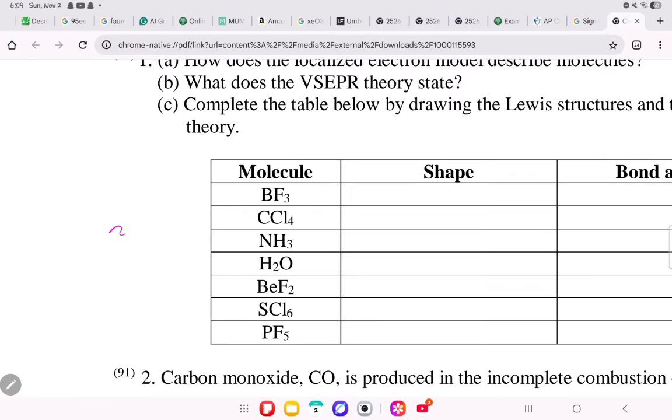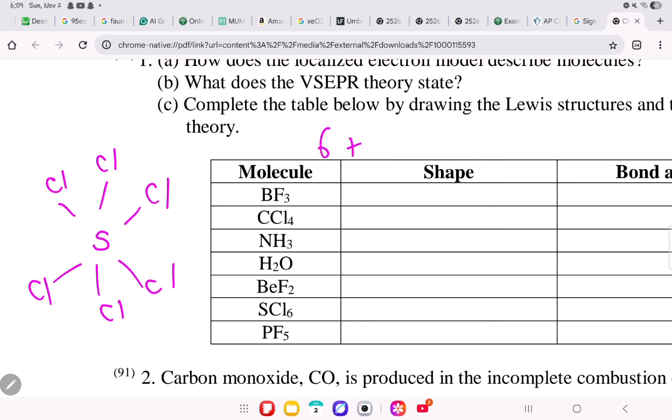SCl6. So we will have S over here and then Cl, Cl, Cl, Cl, Cl, Cl, right? Now S is in which group? S is in group 6 plus Cl is in group 7. How many Cls do we have? We have 6 Cls, okay?